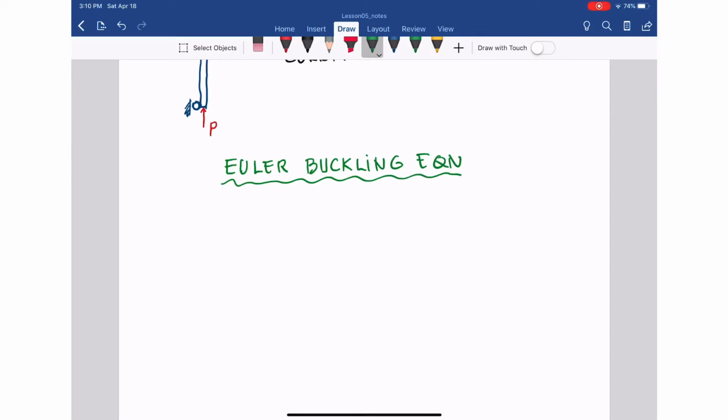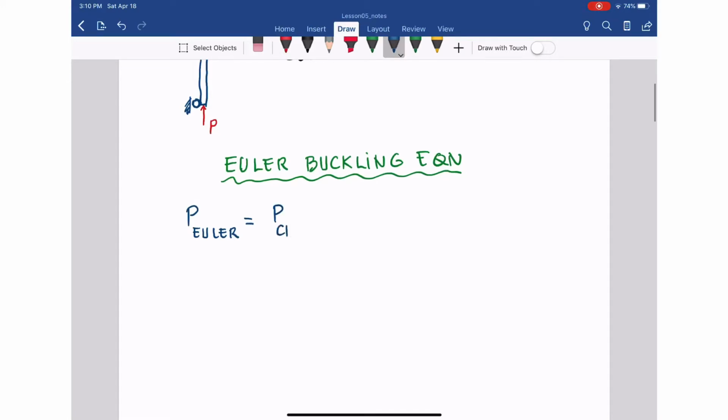We call it P Euler, and normally it is also the critical load, P critical, and that is equal to pi squared E I over K L squared. E is the modulus of elasticity, Young's modulus.